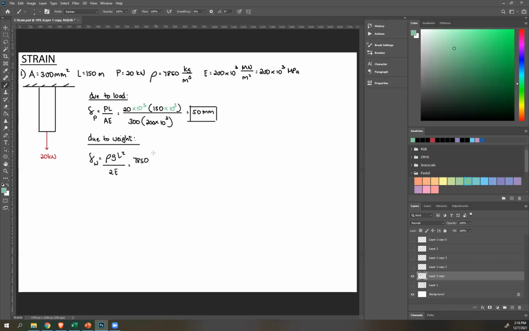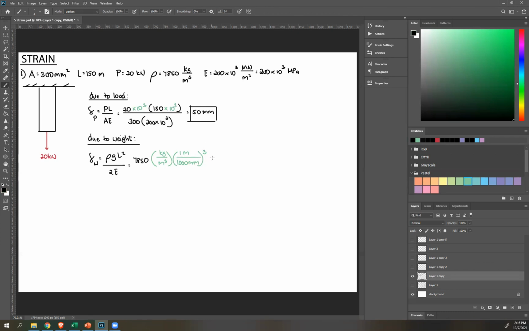So that's kilogram per meter cube. And then this is conversion. 1 meter is 1000 millimeters. This is cube. So I gotta cube this as well. So that's density.